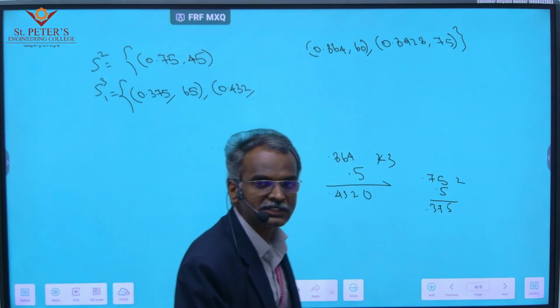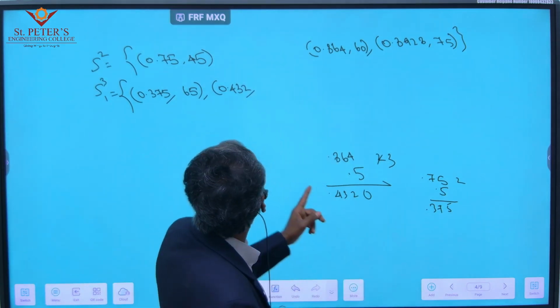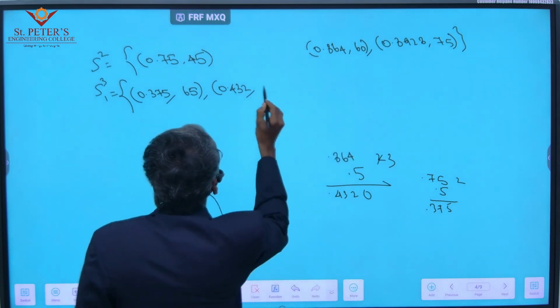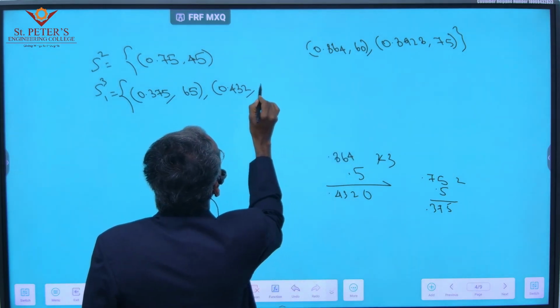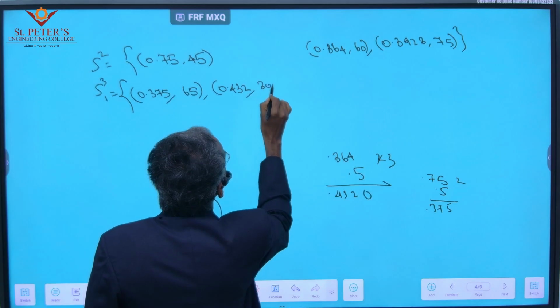What is the cost of this third device? 20. 20 plus 60, 80.